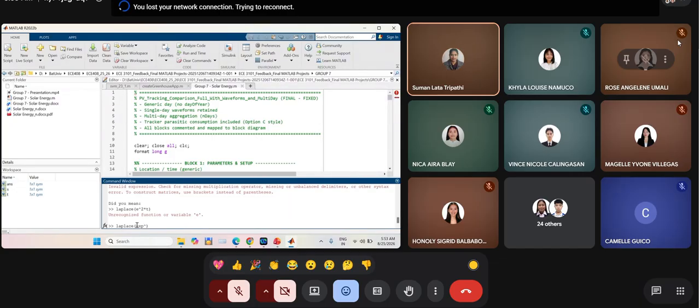2t. Still something is wrong. Also, the star is not there. So I hope this one is correct. Yeah, it is showing error.